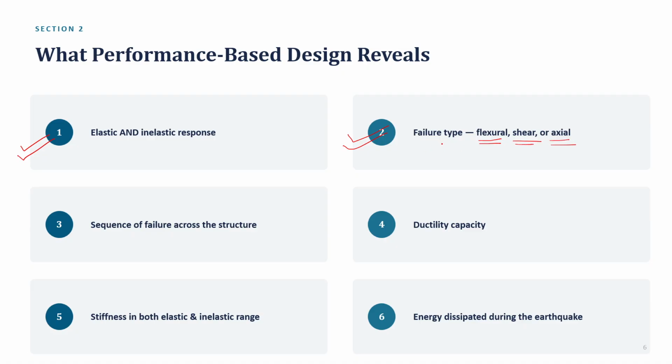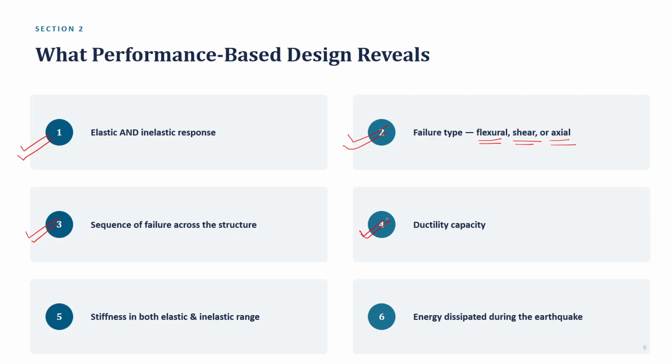We can get this information also. Then we can get the sequence of failure across the structure, that means whether the structure is failing from bottom up or top to down, columns are failing first or beams are failing first. This information can also be achieved from performance based design.